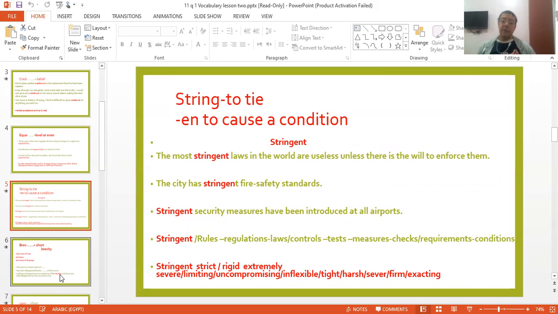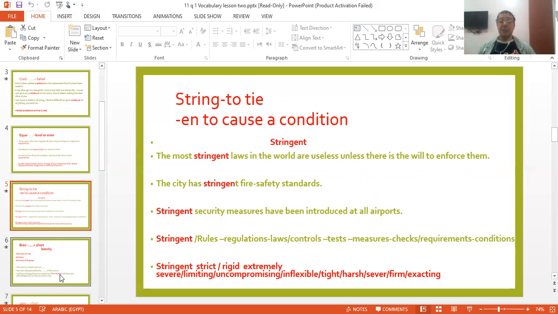Laws in the world are useless unless there is the will to enforce them. So some laws, for example, or some rules, seem very rigid and stringent, but you need to enforce them if you really want to do that. So stringent means very hard and very strict.